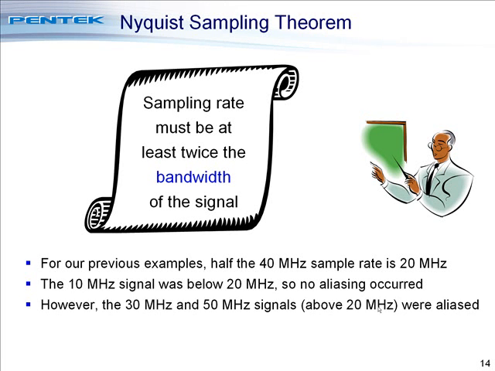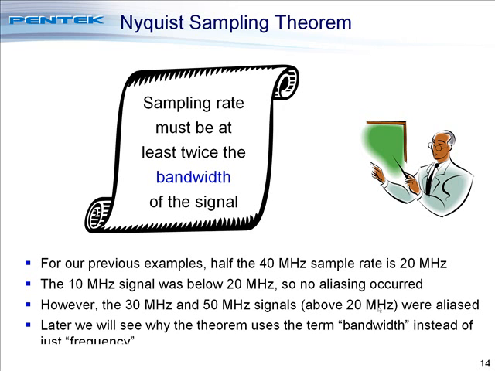However, the 30 megahertz and the 50 megahertz signals we tried were above the half sample rate, or above 20 megahertz, and they were aliased. Later we'll see why the theorem uses the term bandwidth instead of frequency, but you can see that the Nyquist theorem correctly represented the problems that we had in the earlier waveforms that we were digitizing.